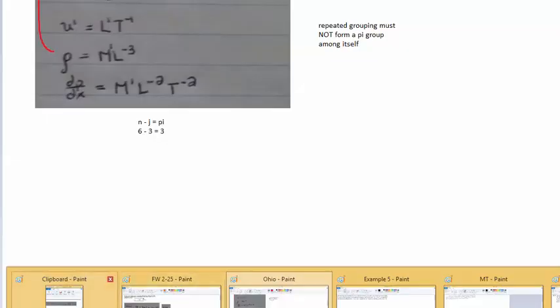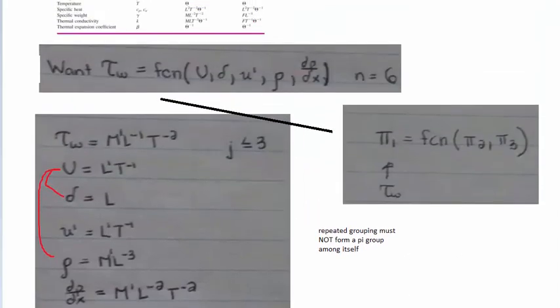Just know that they've given you your repeated grouping, so what you want to do is write the other variables in terms of your repeated grouping. So the other variables are your shear stress, which is your variable of interest, your mu prime, and your dp dx.